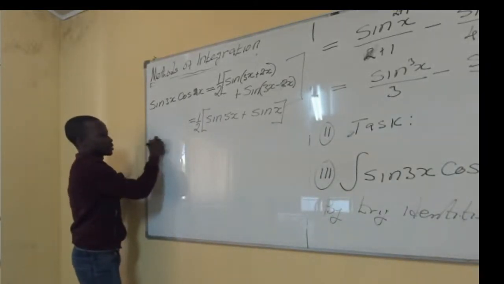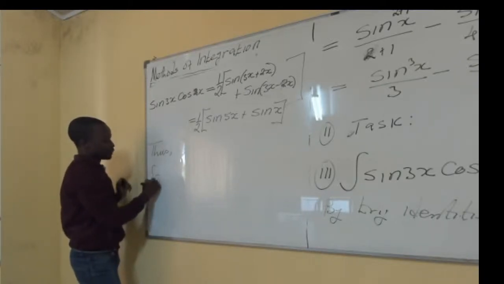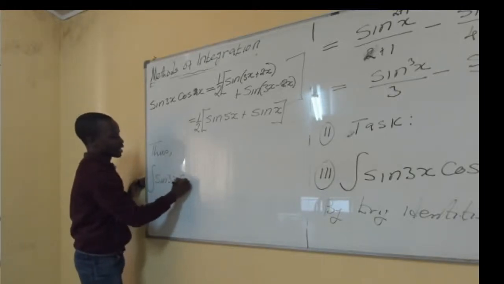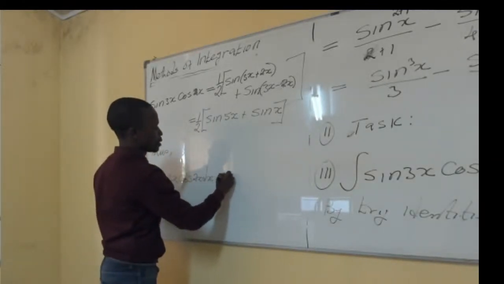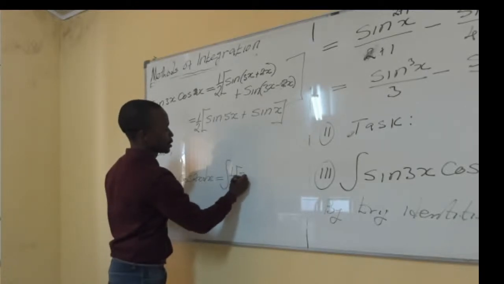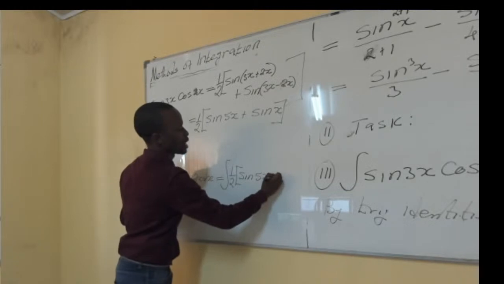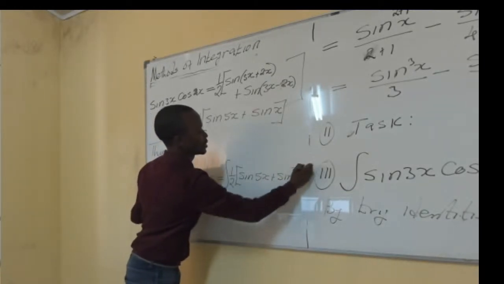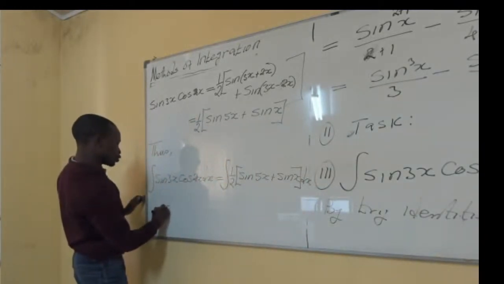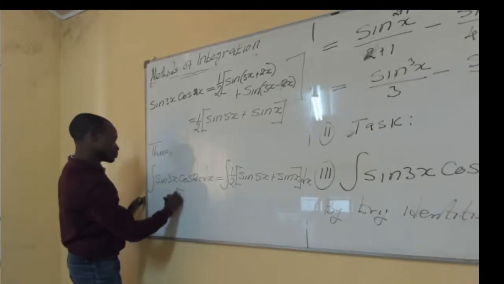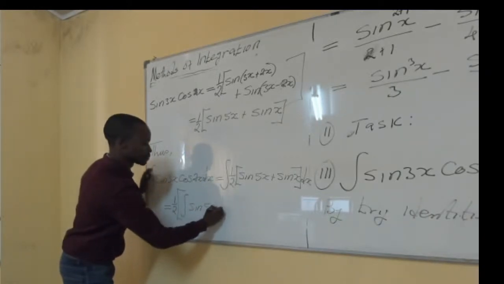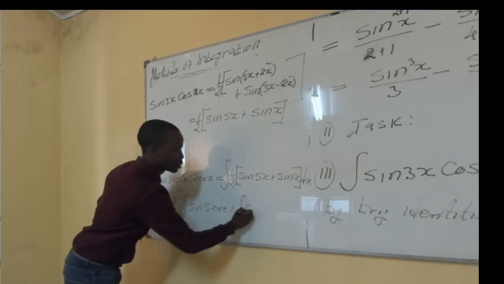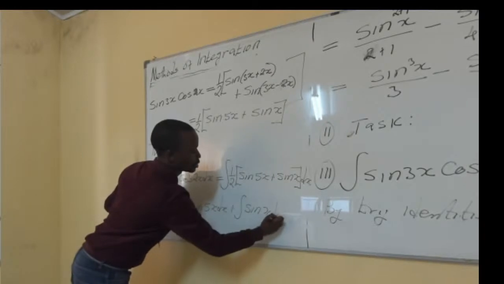Thus, the integral of sine 3x times the cosine of 2x dx is equal to the integral of 1 over 2 multiplied by sine 5x plus sine x with respect to x, which is equal to 1 over 2, by linearity properties, the integral of sine 5x dx plus the integral of sine x dx.